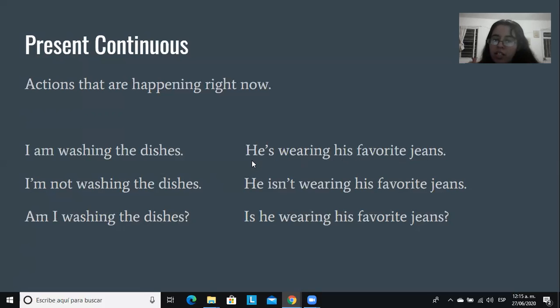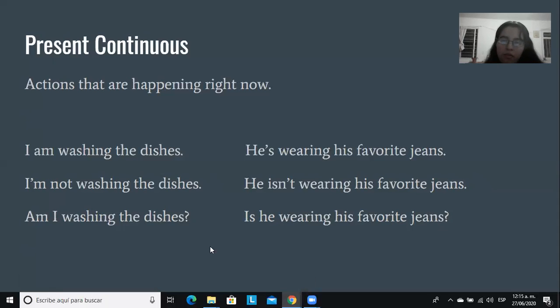The contraction is 's. And if we want to make it negative, it would be he isn't wearing his favorite jeans. We have to add the not in between. He is not wearing his favorite jeans, or here we have the contraction isn't. He isn't wearing his favorite jeans. And the question would be, is he wearing his favorite jeans?